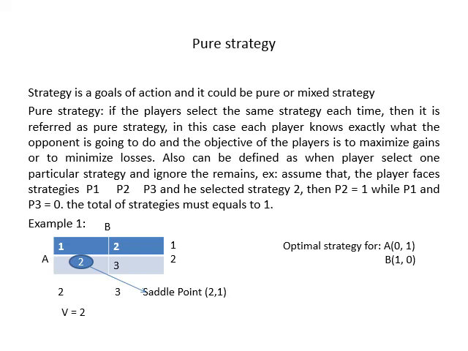Then P2 equals 1, while P1 and P3 equal 0. As you know, the total of strategies must equal 1.